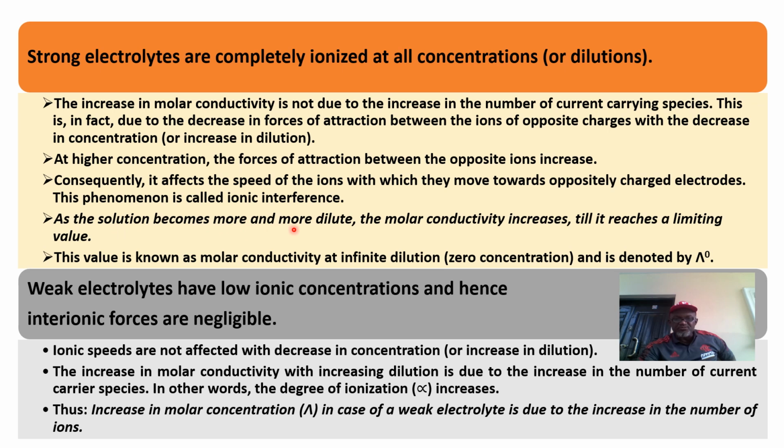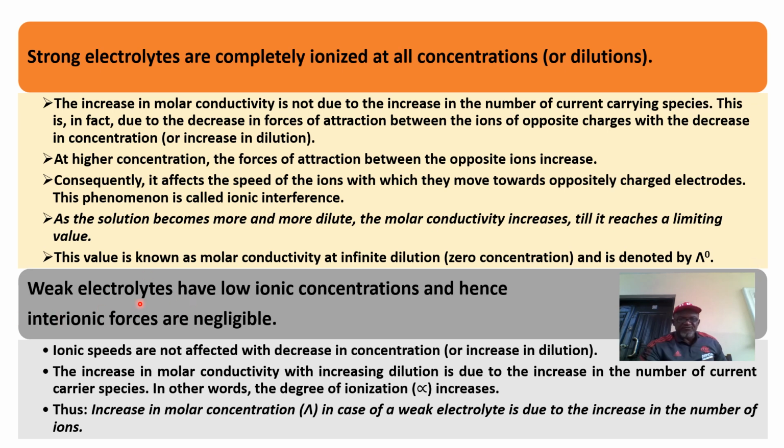As the solution becomes more and more dilute, the molar conductivity increases until it reaches a limiting value, that is, infinite dilution or limiting molar conductivity. This value is known as molar conductivity at infinite dilution.